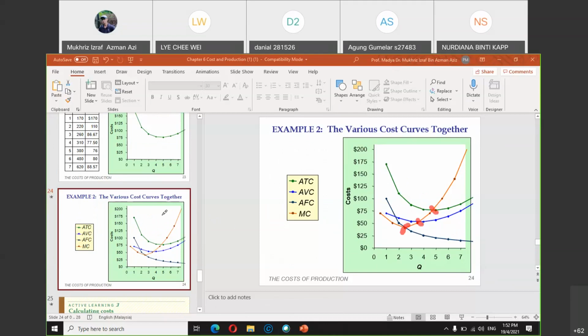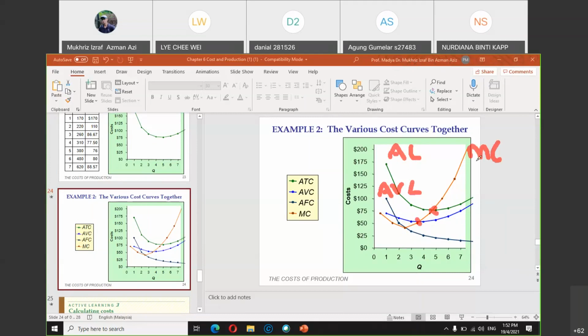Sorry, I made a mistake. The main intersection point is this one, the two points on the average cost curve, on the AC, and also here on the average variable cost, AVC. This point here, so this is the marginal cost curve.